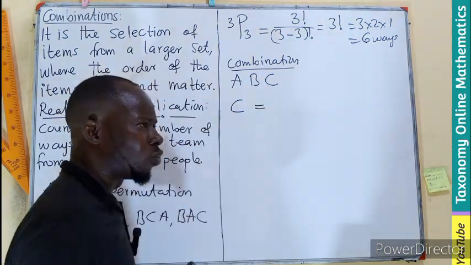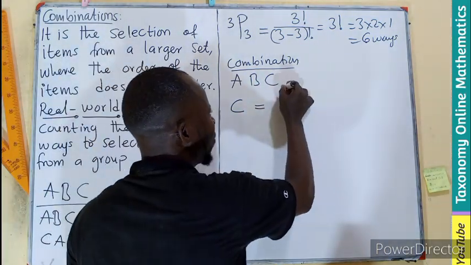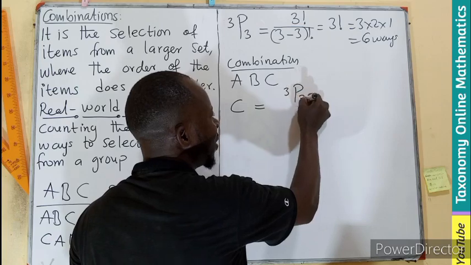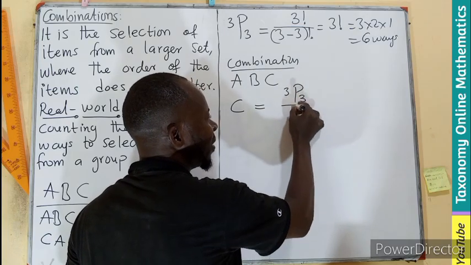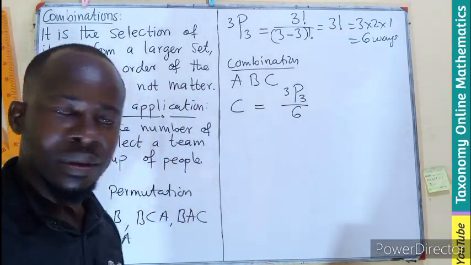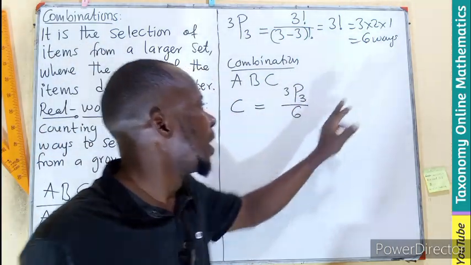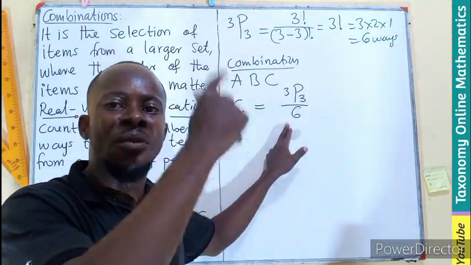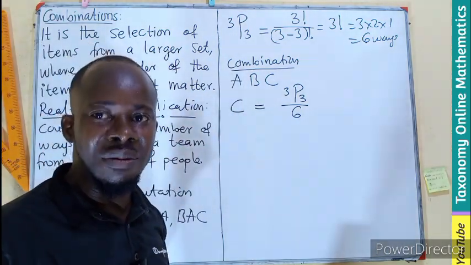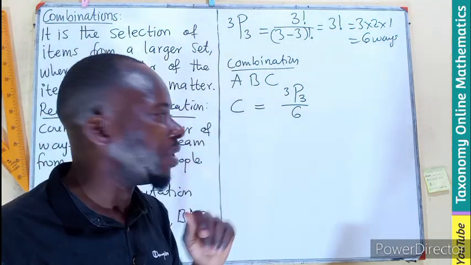It will be equal to the permutation that I have, 3 permutation 3, divided by what? 6. If I divide the permutation I have, 6 ways, by 6, I should be arriving at 1, which is the combination that I have. Do we get it? So that's one combination.